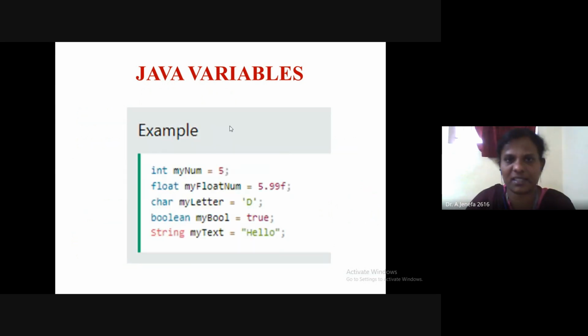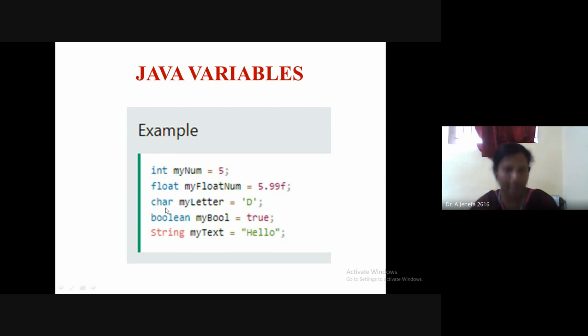Fine. These are some of the variables, showing how each data type is assigned to different variables. The first one is the integer variable myNum assigned the whole number 5, and the float variable is given a float value, fraction values. After that, character. What is this character data type?